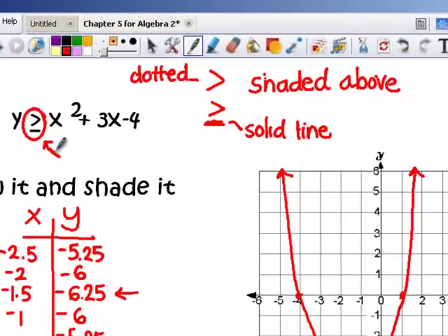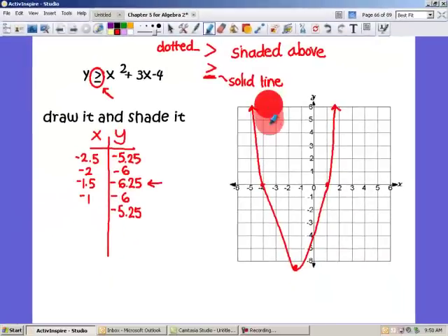And now we just have to shade it. So if we have a more than, it's going to be shaded above this U. So I'm going to shade all in here. And there's your graph.